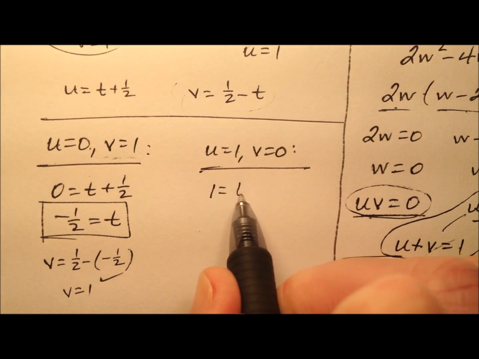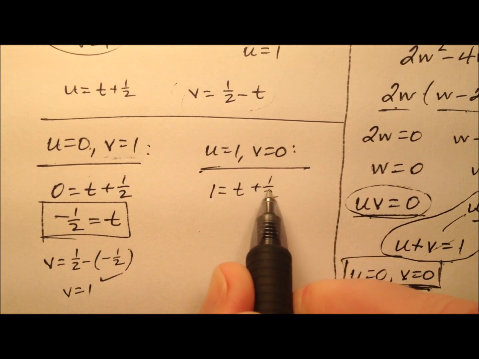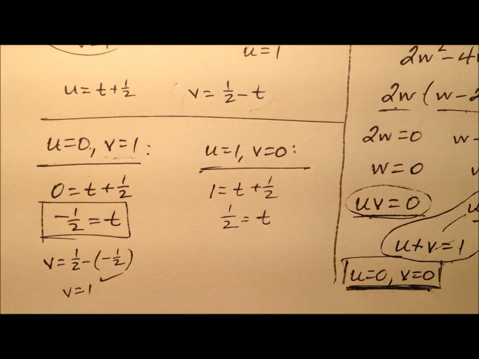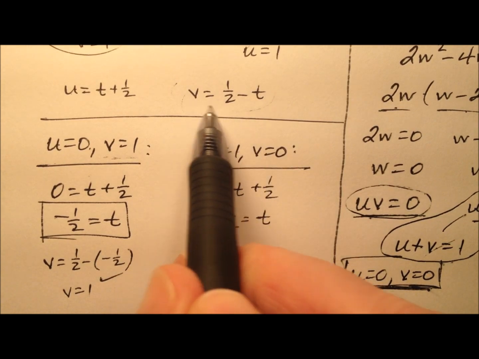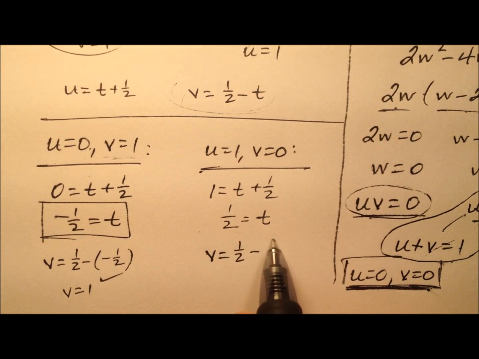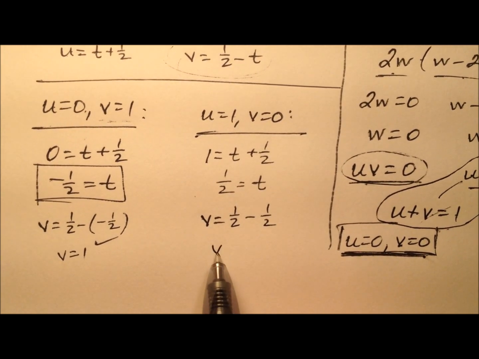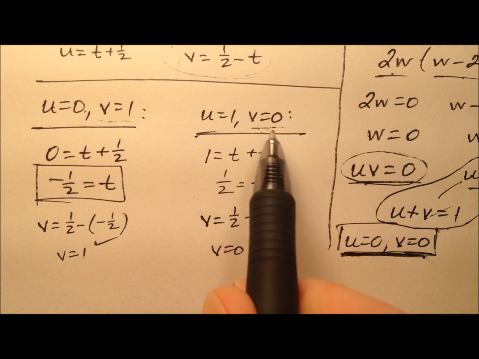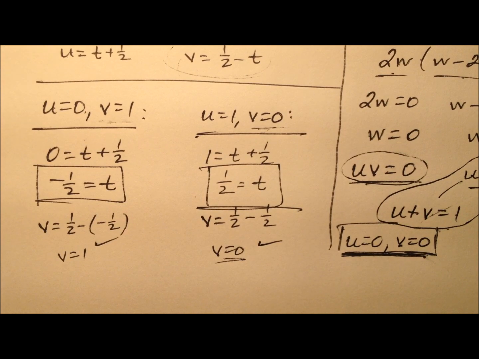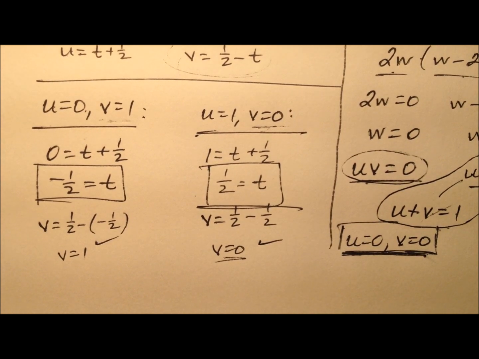So 1 equals T plus a half. When I subtract a half from both sides, I have T equals positive 1/2 this time. And again, let's plug it in here, see if it holds. V equals 1/2 minus 1/2. So V equals 0, and yes, indeed, V does equal 0. So this checks out as well. Okay, so two values for T.